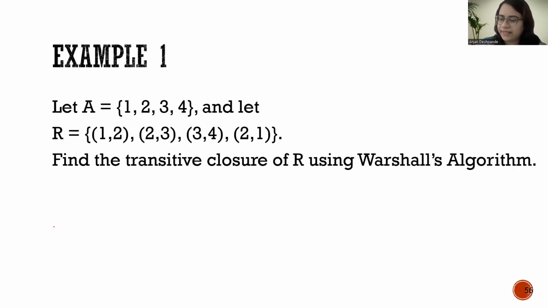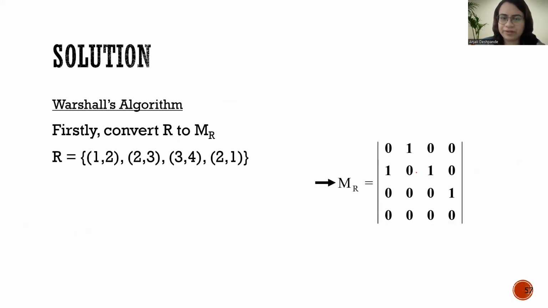So let's take an example before we define the steps. Let A is the set that is given to us and R is the relation defined on set A. We have to find the transitive closure of R specifically using Warshall's algorithm. So firstly, you have to convert the given relation R to its corresponding relation matrix.